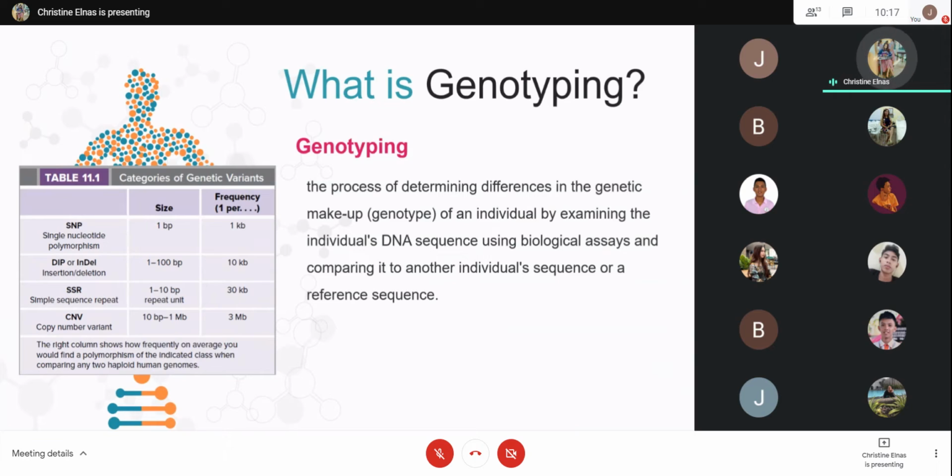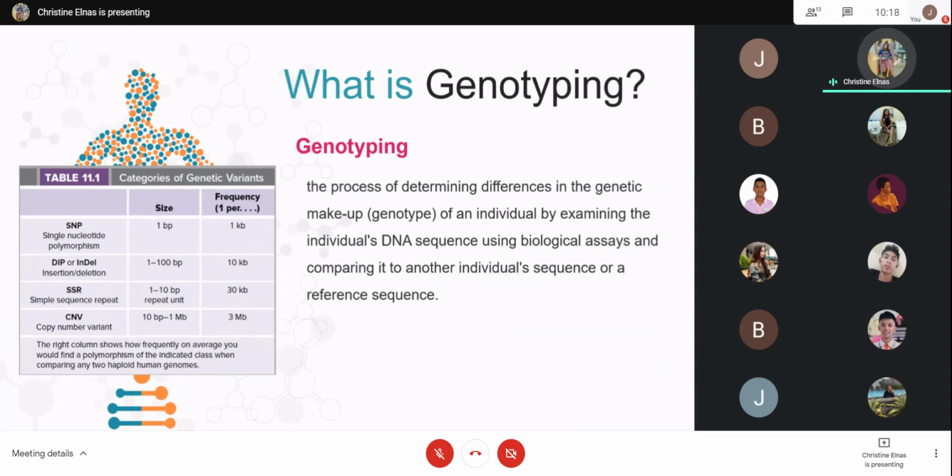Genotyping uses sequencing information to determine the genetic differences or variance in an individual or in a biological population. It is a type of technique used to investigate a predetermined and very specific region of the genome.